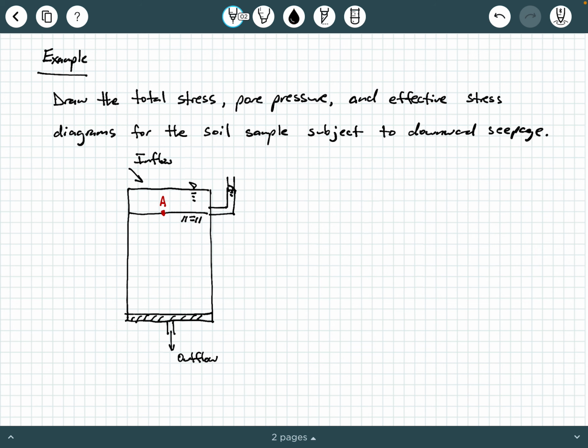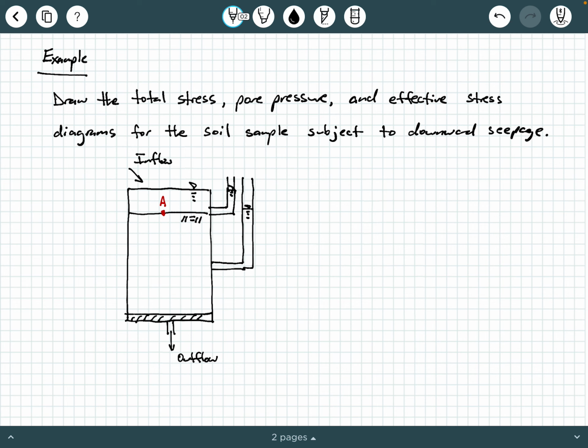Then we're going to install a second piezometer at the middle of the sample, which is going to be right here. Now in this piezometer, the water level is going to be a bit lower. And again, in the case of downward seepage, when you have downward seepage, your piezometric head is decreasing as you go deeper into the sample.